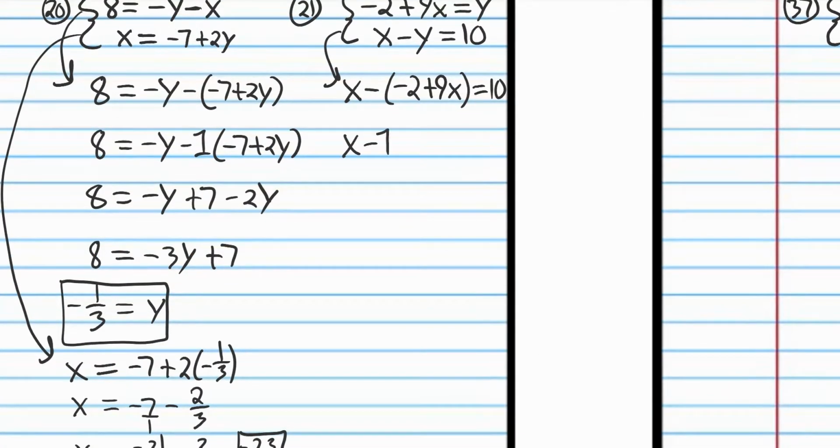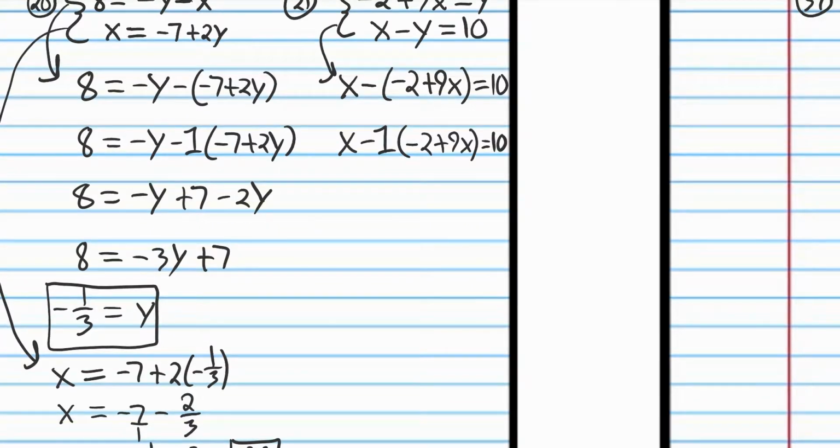And again, we can consider this negative to be -1. Use the distributive property.